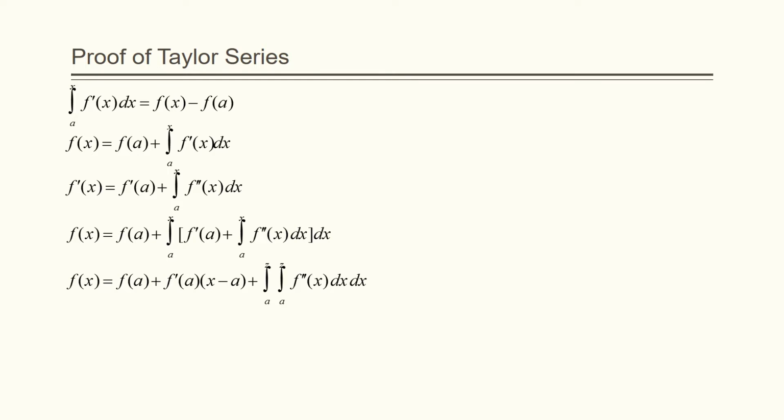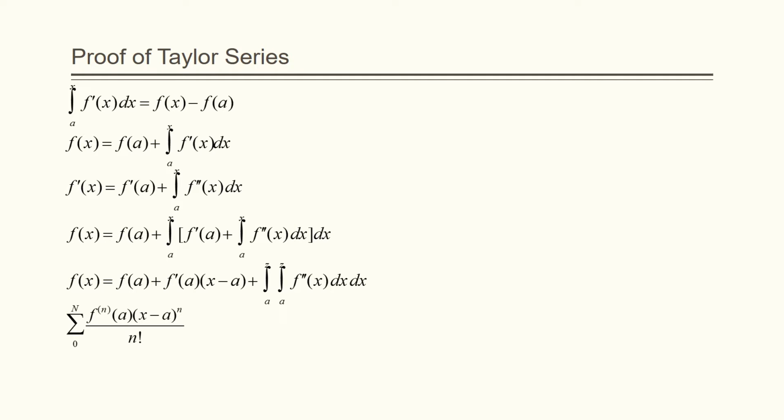Here you can evaluate the first integral, since f prime of a is a constant when integrating with respect to dx. So you can pull that out of the integral, leaving you with f(x) equals f(a) plus f prime of a times (x minus a) plus this double integral in the back.